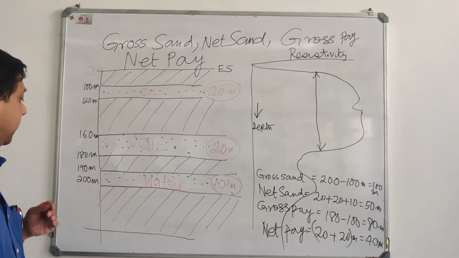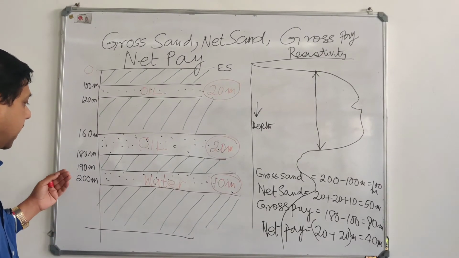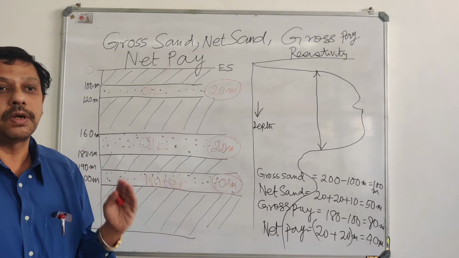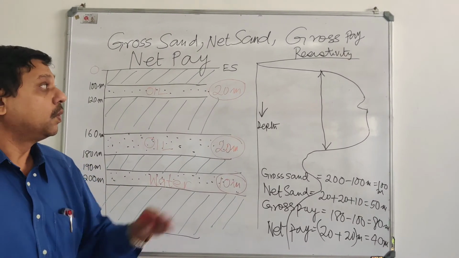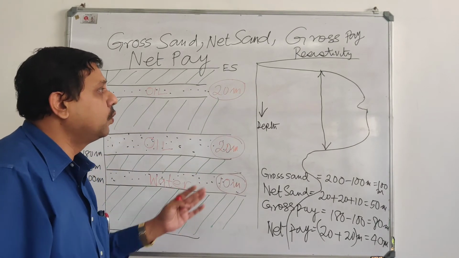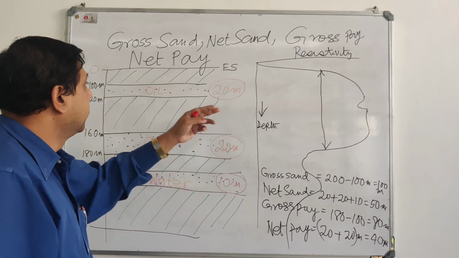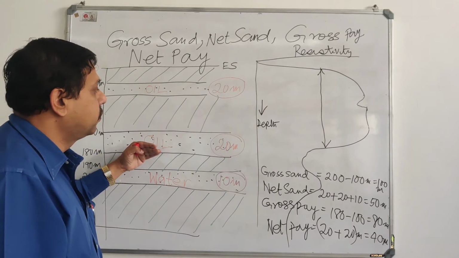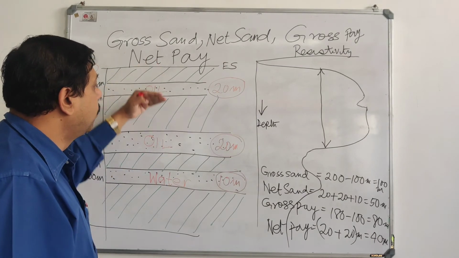The last sand, which is between 190 to 200 meter, is water bearing. We should not perforate in water. When I see the indicator log, the resistivity, there is a very good resistivity peak where the oil started and where the oil ended. So I know the gross pay.